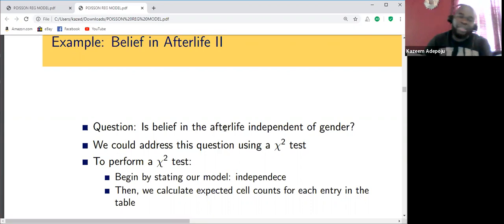That was why the General Social Survey was conducted in 1991 between men and women. And we can investigate whether the opinions of men and women are the same or not. That's exactly what we want to investigate right here, and that was why we call it: is belief in the afterlife independent of gender? If it is independent of gender, we are saying in the null hypothesis there is no association between men and women with regard to their perception about afterlife.